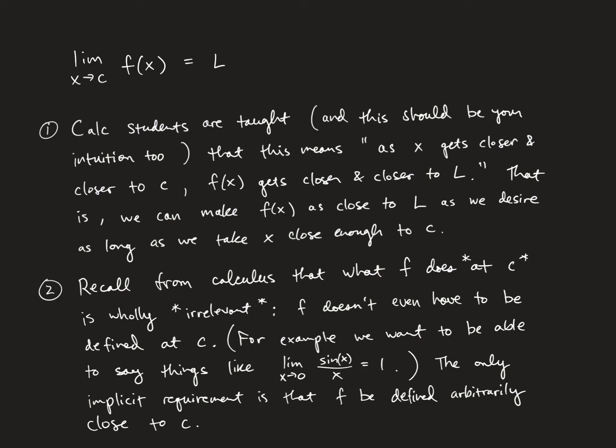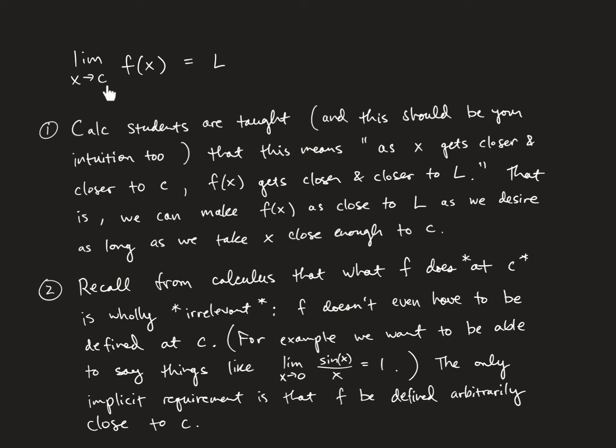The reason for that is, for example, we want to be able to say things like the limit as x approaches 0 of sine of x over x equals 1. Sine of x over x is definitely not defined at 0, but we want to be able to make sense of a statement like that. So we want to allow this to make sense even though the function is not particularly defined at c.